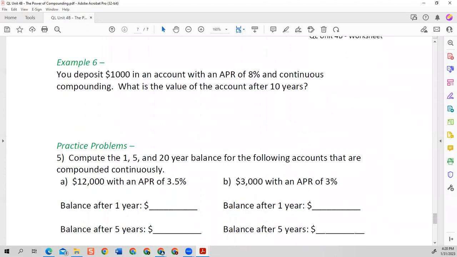All right, we are almost done, guys. So our next one says, you deposit 1,000 in an account with an APR of 8% and continuous compounding. What is the value after 10 years? So I got A is equal to 1,000, E raised to that 0.08, this percentage in decimal form, times 10 years.